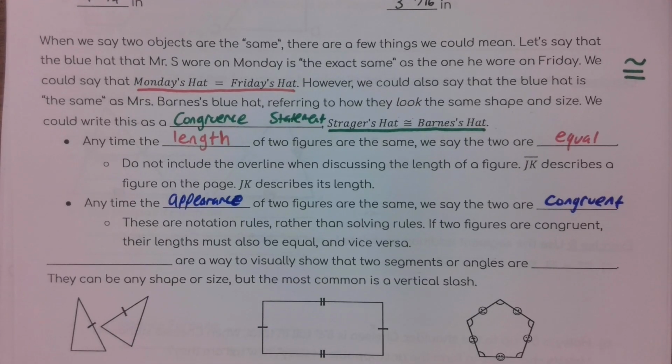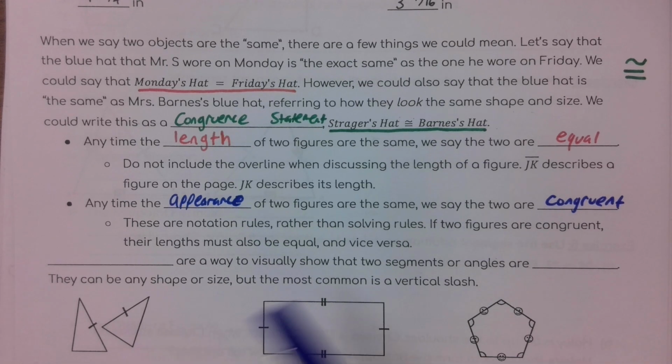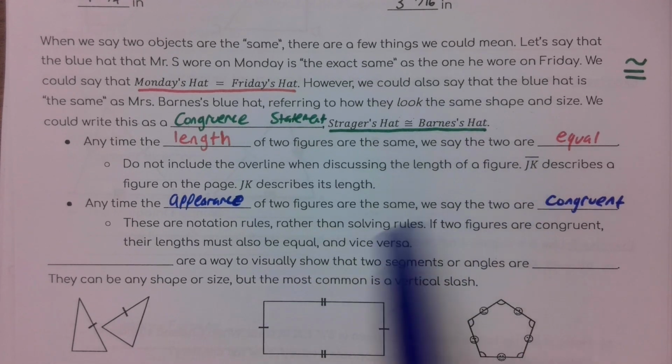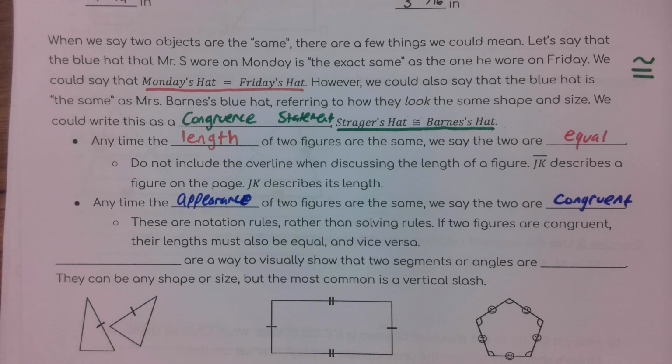The thing is, ultimately, these are notation rules. It's not like you'll get a problem wrong for saying equal when you meant congruent. In fact, if 2 figures are congruent, that means they also have to be the same size, so they're also equal. It's just the way that we like to talk about figures. Figures can be congruent, measurements are equal. Got it?